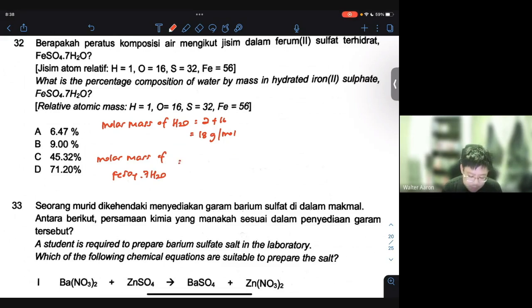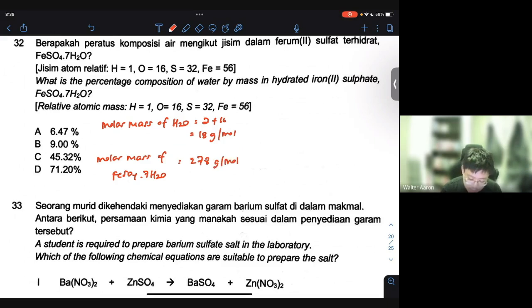Let me just calculate that very quickly. It should be correct. So the total mass of this will be 278 grams per mole.